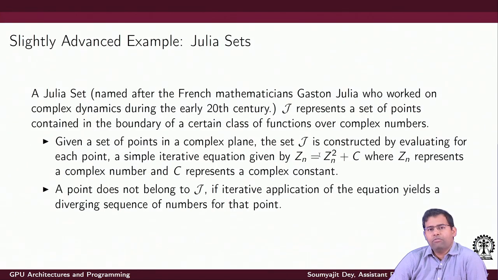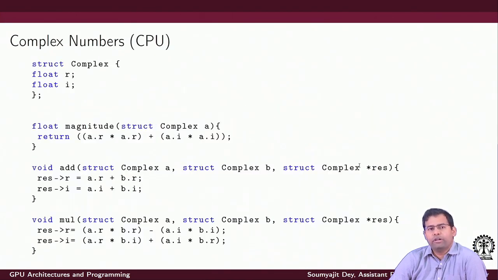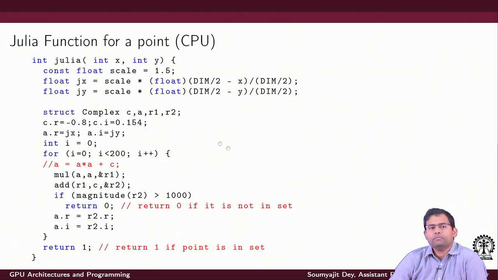And of course, there is a complex constant parameter which we assume is provided to us. Here, this complex parameter is assumed to have a real part and an imaginary part as given here.